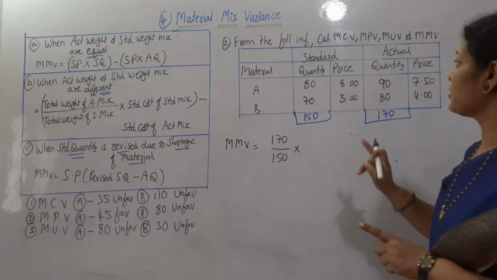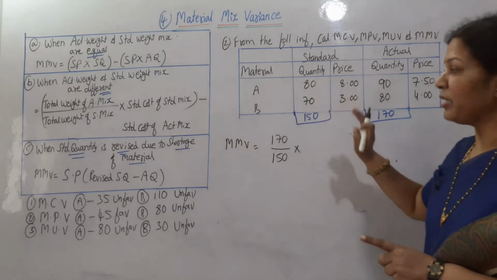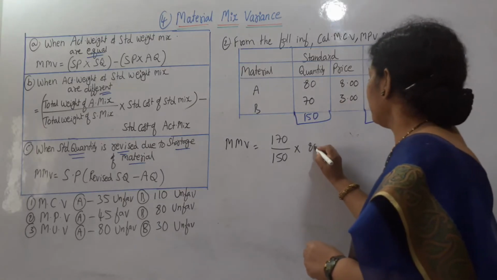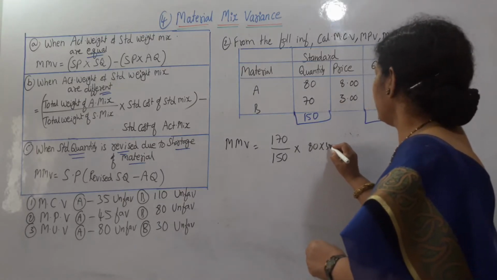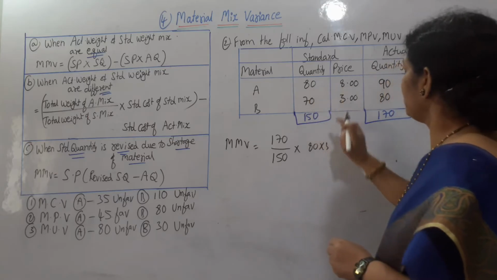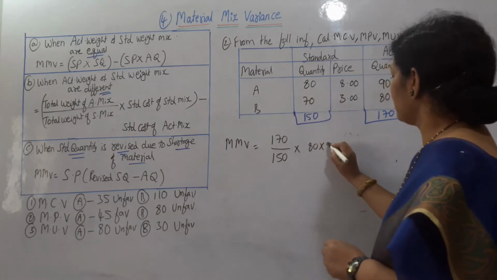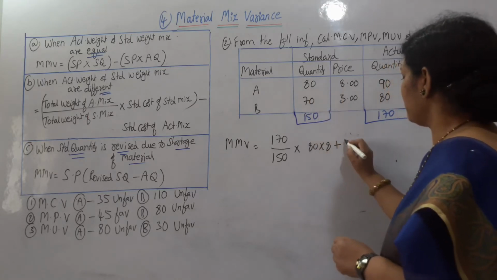Standard cost of standard mix means we have to multiply: 80 into 8 plus 70 into 3.